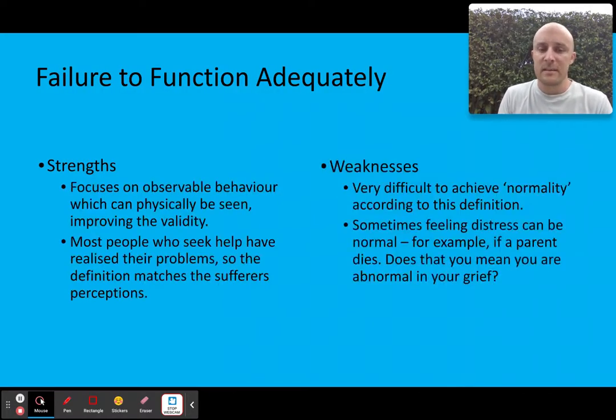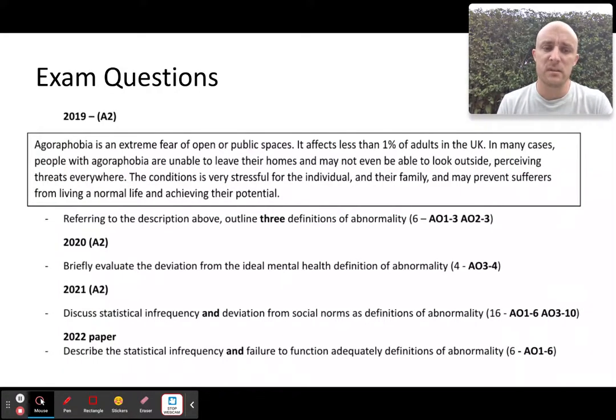A couple of strengths and weaknesses again. What I would argue here, and this is quite a good point, is to criticize the last two definitions. They are almost impossible to achieve normality. So is it the case that everybody is abnormal? There are major issues with this.